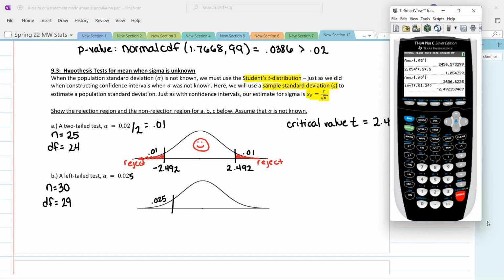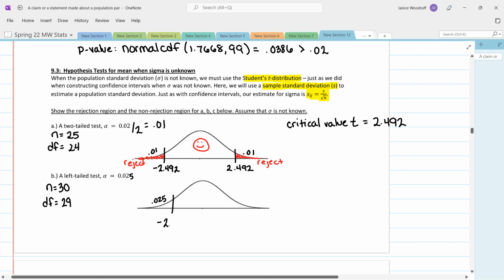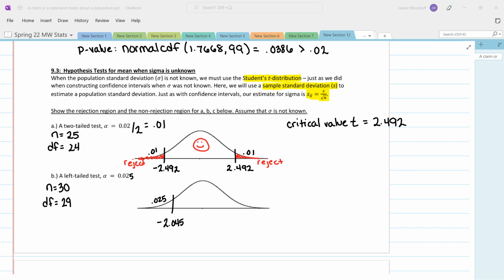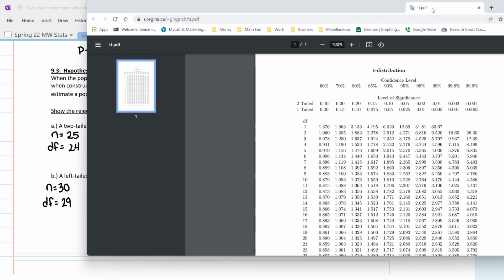So let's look it up in the calculator. Second distribution, inverse t, area of 0.025, degrees of freedom 29. Negative 2.045. Okay, and let's look at the t-value sheet if we want to use that.